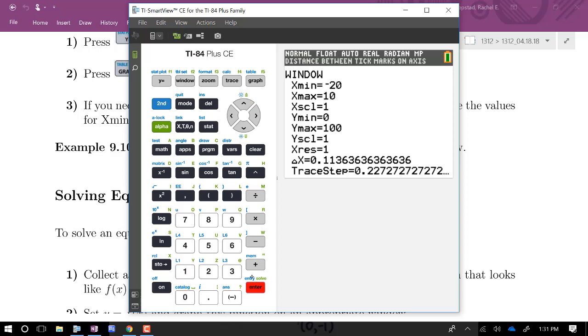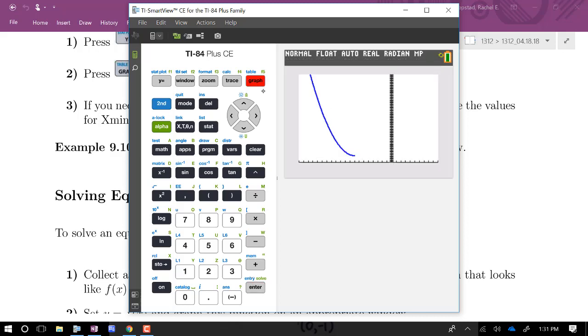I'm going to try that first. Where it says x scale and y scale, we don't have to change that at all. That just tells us how often it makes a tick mark. Oh, and that looks all right. So we have a much better view of this function after adjusting the window.